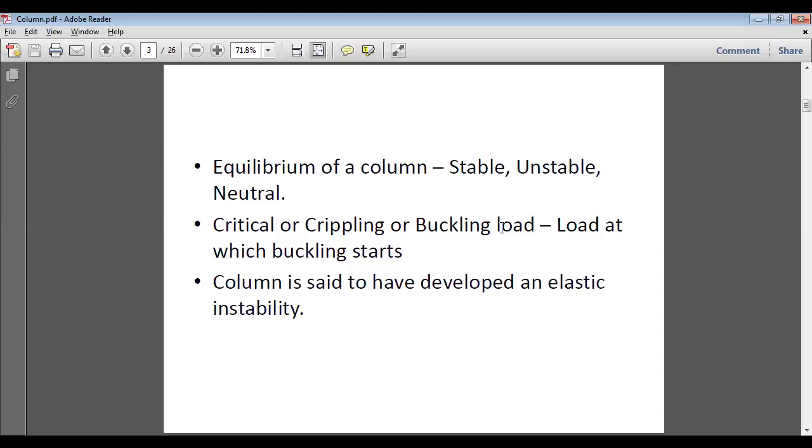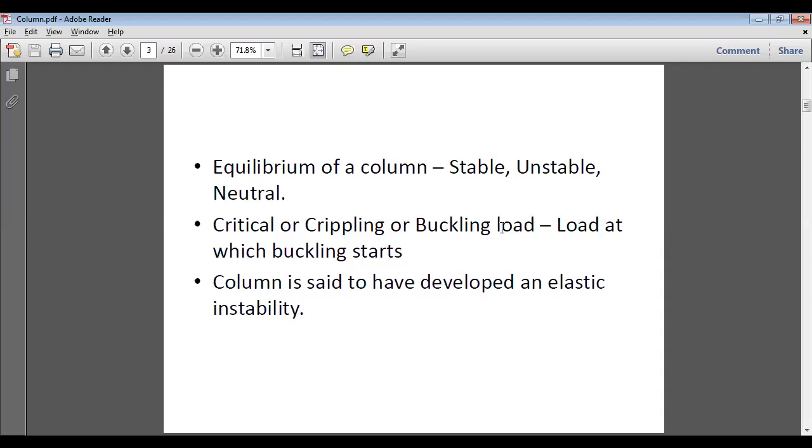Then the failure of the column takes place because of crippling or buckling load, because the load is applied from the top and support is given from the bottom in the direction of the axis, and this is compressive from both directions, the vertical upward load and the vertical downward load from the top normally transmitted by the beam.